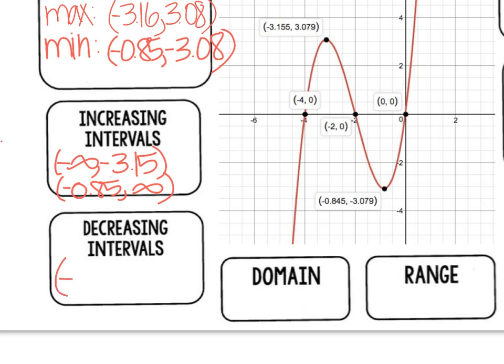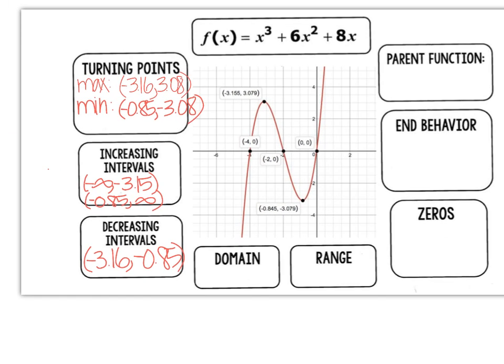So let's write that in. Oops, that would be 6. Got it right now. And we only have one decreasing interval for this graph. Now, the domain is going to be all real numbers because it goes from left to right at every point on the x-axis.